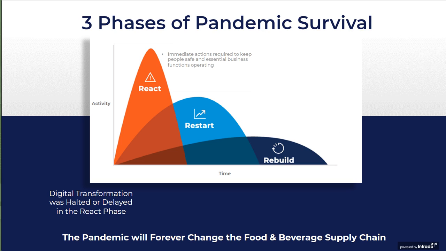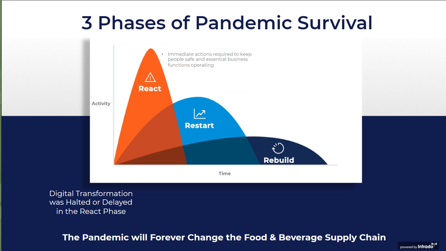The first thing that we had was really that survival mode. We're reacting to the pandemic. Everything was closed down, shut down for a while. Food and beverage companies were determined to be essential industries from a manufacturing standpoint. So the first thing was just that survival.